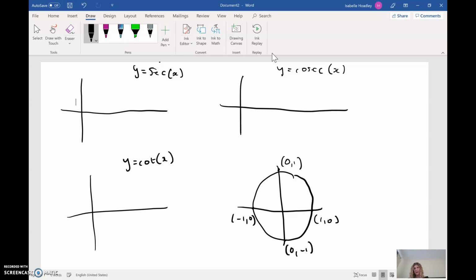Obviously for cos, we're looking at 0. So if we're looking at 1 over cos, sorry, cos is 1. So we're looking at 1 over 1, that equals 1. So on our sec graph, we're going to be starting at 1.